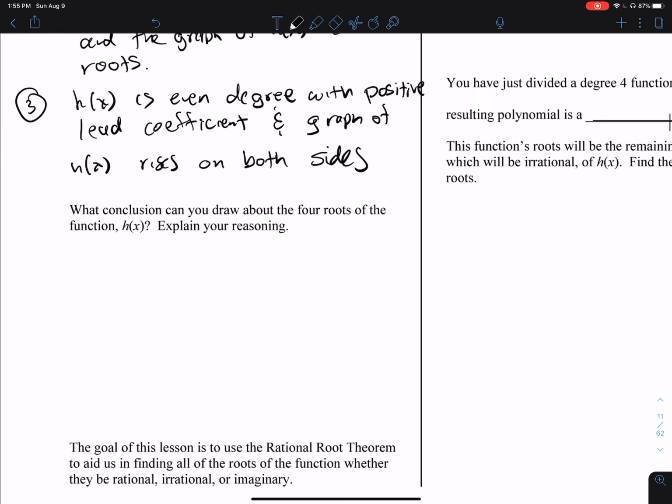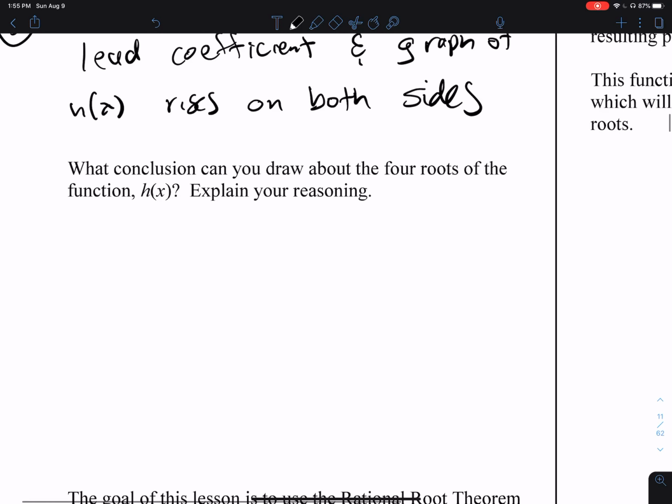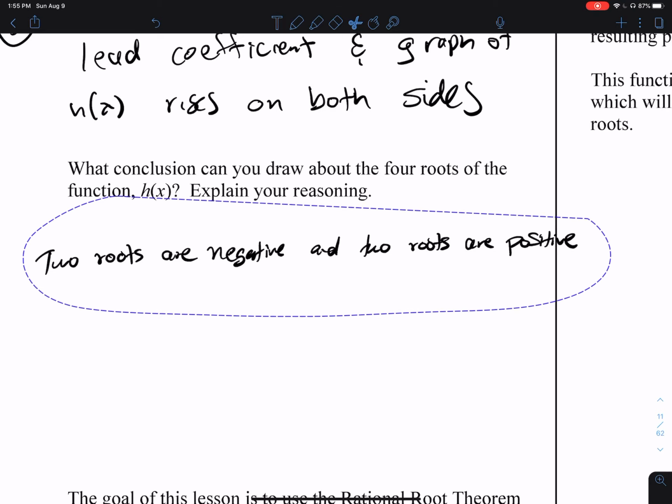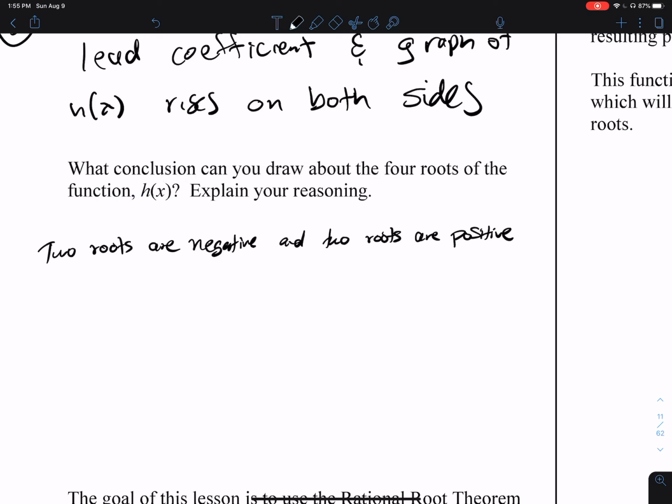What conclusion can you draw about the 4 roots of the function? Explain your reasoning. Well, looking at the graph, we can say that 2 of the roots are negative and 2 of the roots are positive. And we can say that each of these roots has a multiplicity of 1.